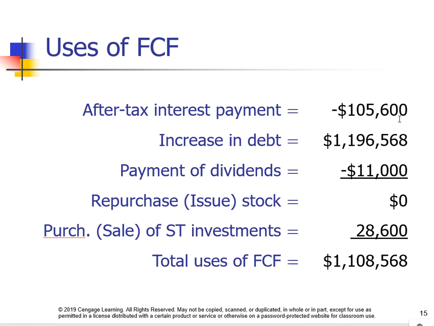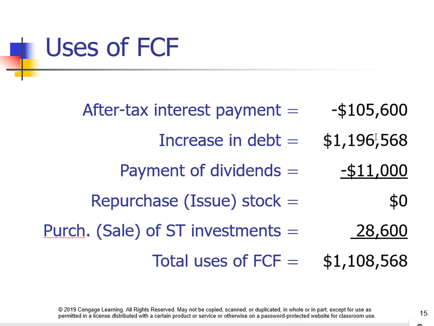Interest is tax deductible, so we care about the after-tax amount of the interest. So this is the 176 times 1 minus t, and that went out. Then if you look at their debt, their notes payable went from 200 to 720, so that's a $520,000 increase, and their long-term debt went from 323,432 up to $1 million.